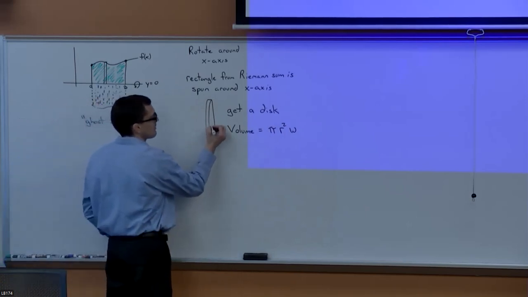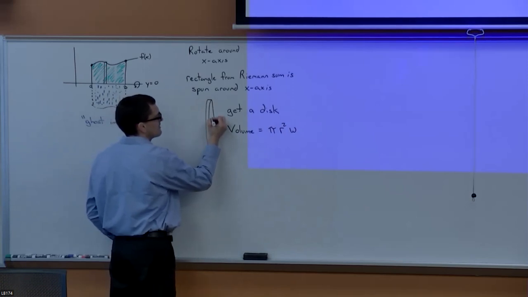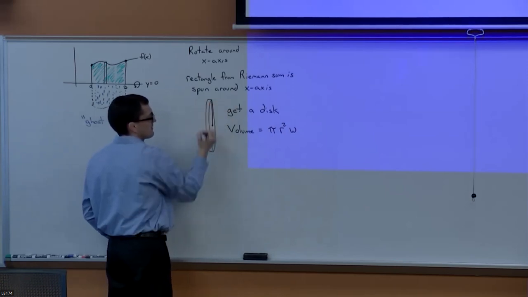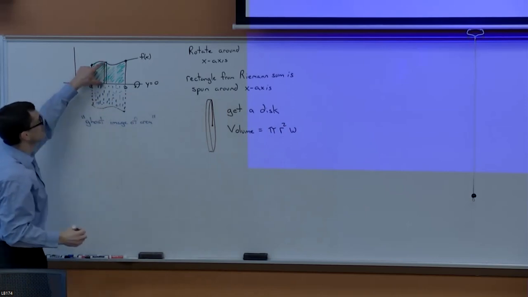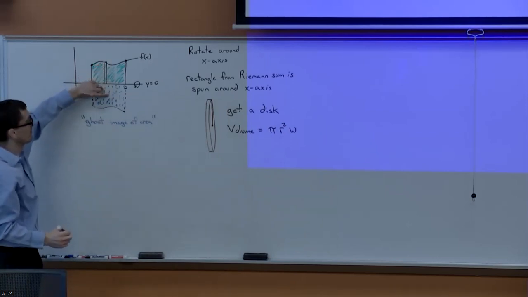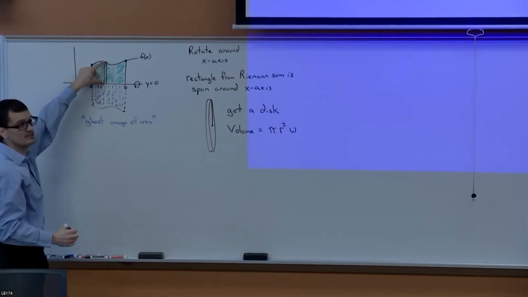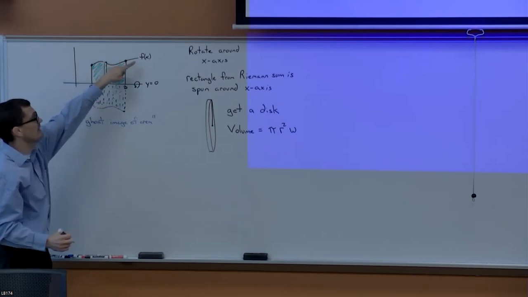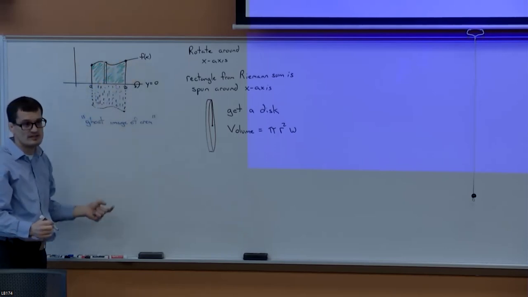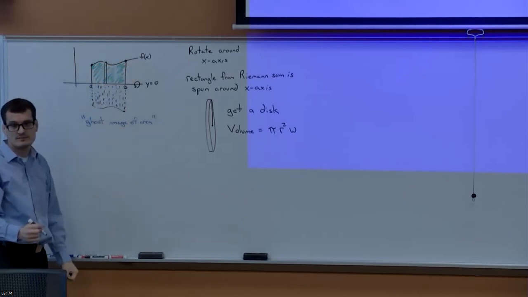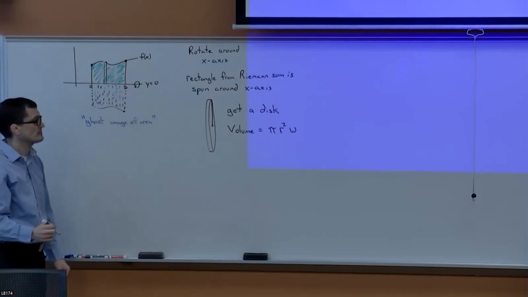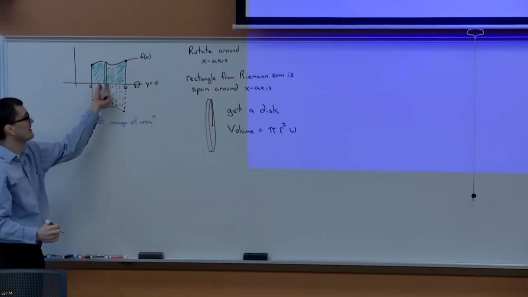Think about what the radius of this disk is. If I spun this rectangle, the radius of this disk is really the height of this rectangle, and the height of this rectangle is determined by the function over here. And what's the width?